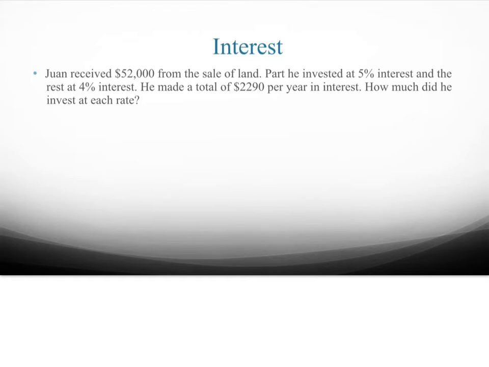Let's make a table for this. We know that we've got a 5% interest rate, and we know we've got a 4% interest rate. Now, we don't know how much he invests at 5%, so we'll call that x.